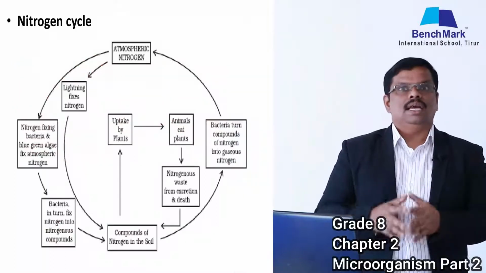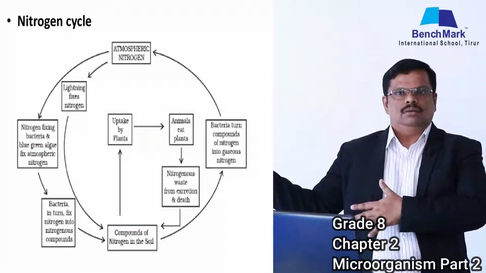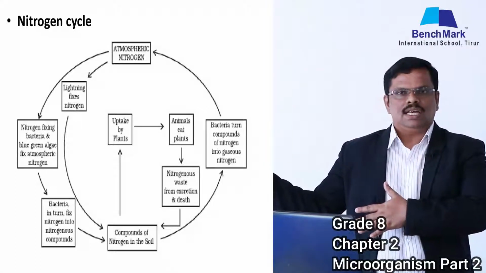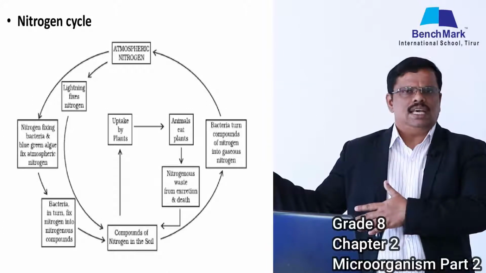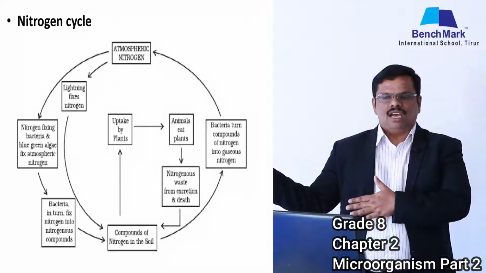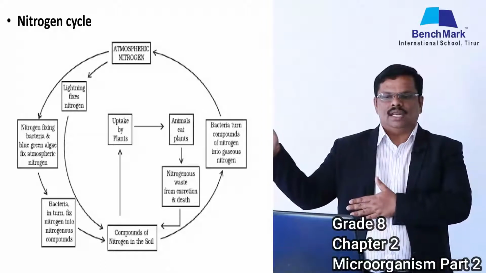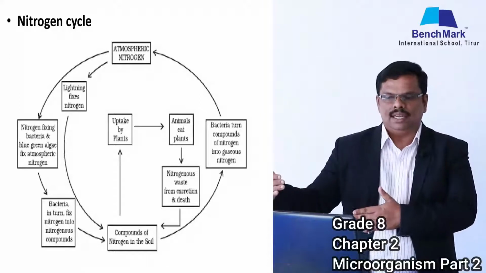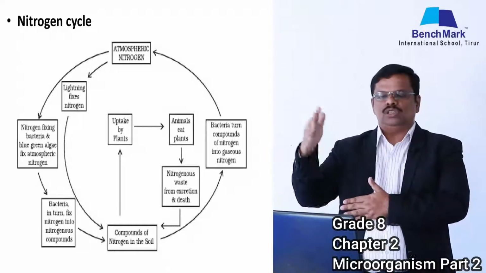Now come on, let us look at this slide. It is about the nitrogen cycle. The same picture that is given in your textbook. What is it? See, atmospheric nitrogen and it's circulating. See, lightning, when it comes to the soil, it's fixed, right? Then through the bacteria, you can see, go through this very carefully.